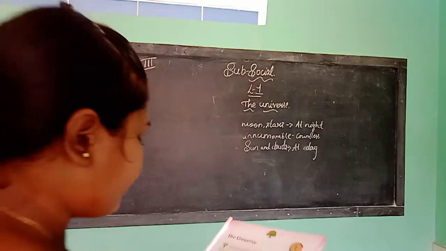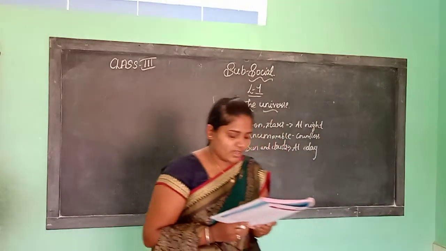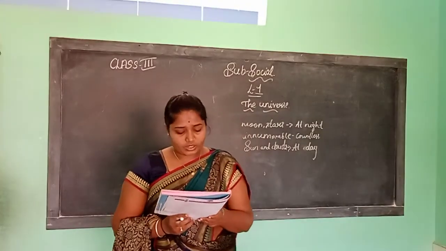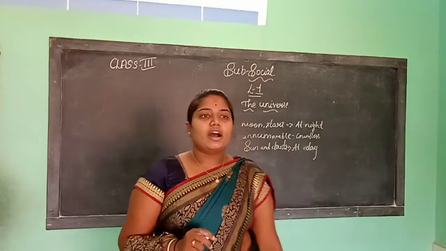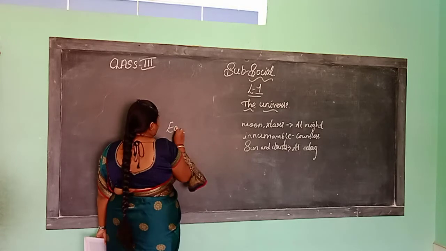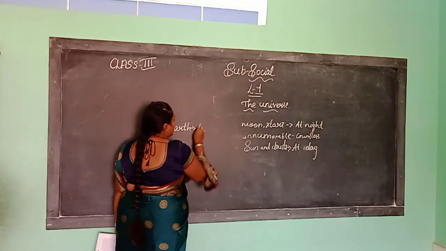There are many more suns, planets and stars other than what we can see with our eyes. So where are we living? On the earth. What is the earth? Earth is a planet.